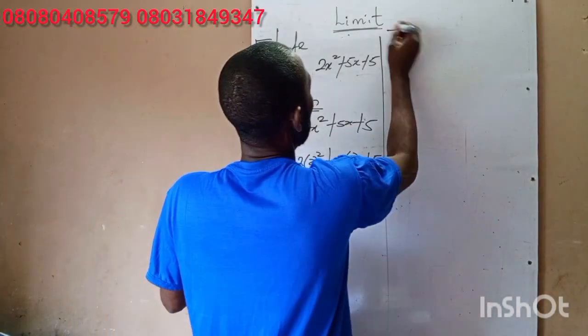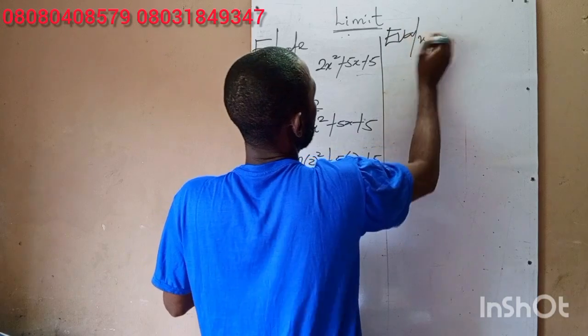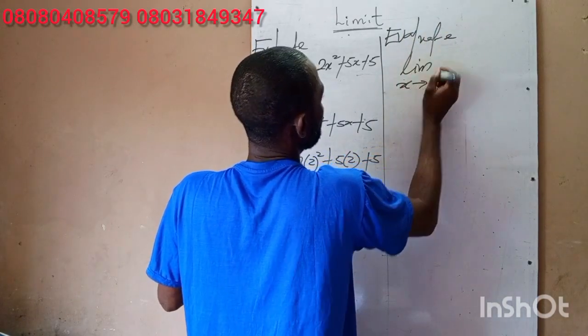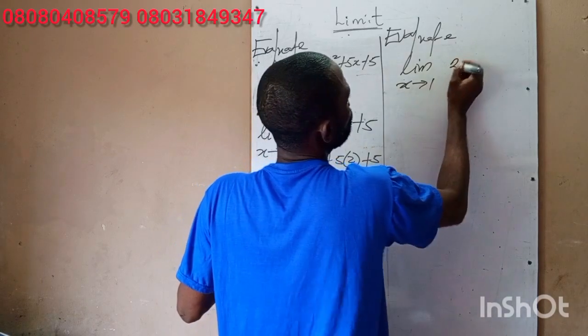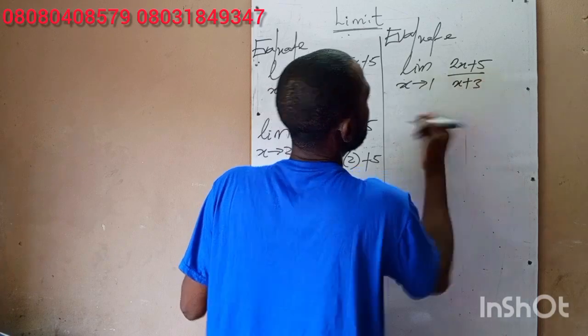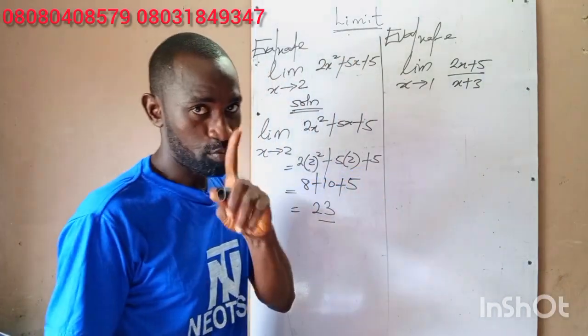Evaluate the limit as x approaches 1 of the function 2x plus 5 all over x plus 3. What's the rule? Direct substitution first.